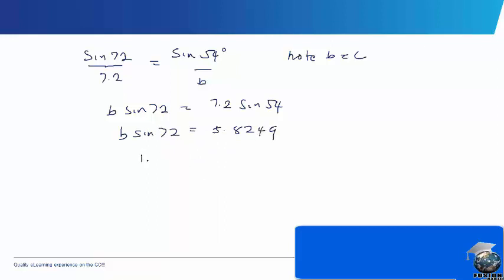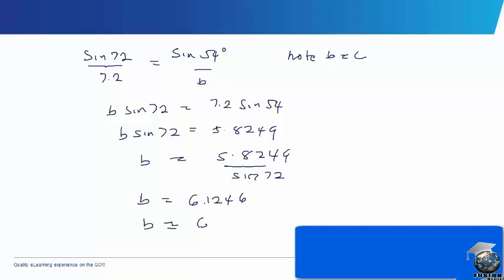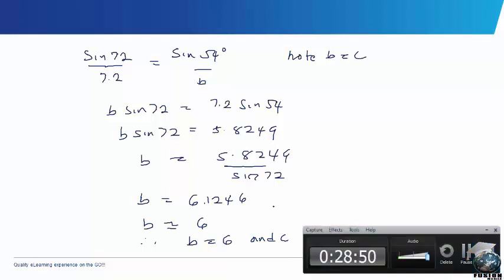So b will be equal to 5.8249 divided by sine 72, which is 6.1246, approximately equal to 6. Therefore b is equal to 6 and c is also equal to 6.